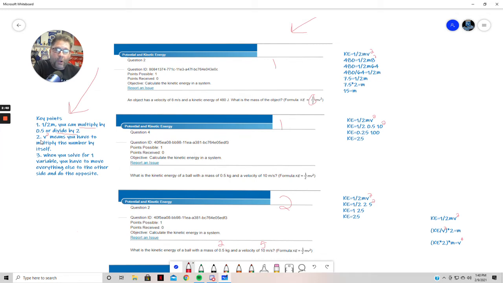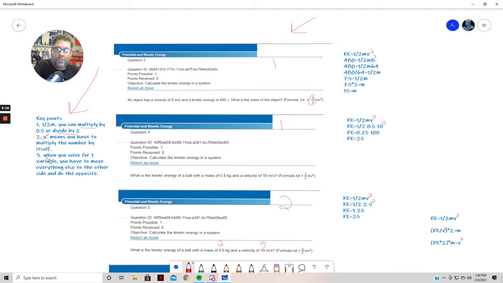The second part, it says velocity squared. The reason why I wrote them all as these little 2's is because when typing in this software, it doesn't give you a way to do exponents. And I don't want to just type a 2 out beside there. I wanted to write it so it looks exactly like it needs to. So that's why they're all handwritten, or I should say mouse drawn.